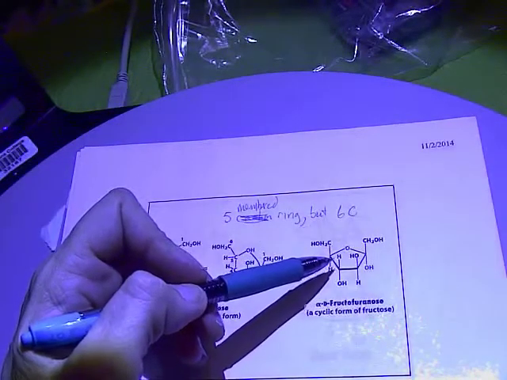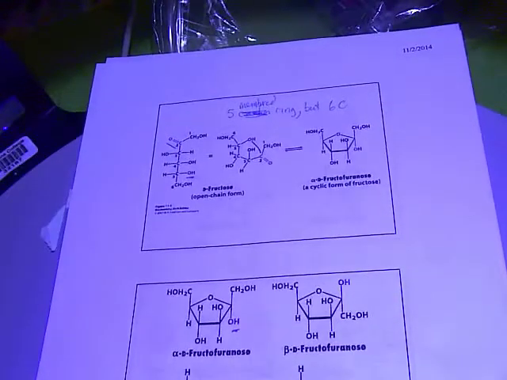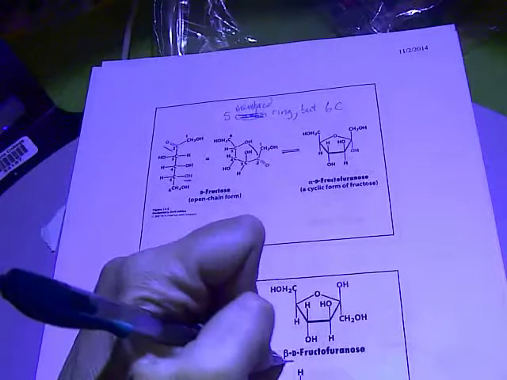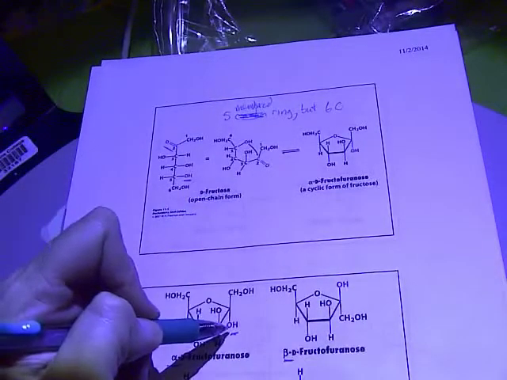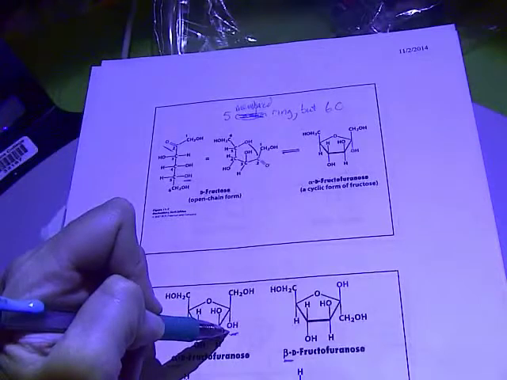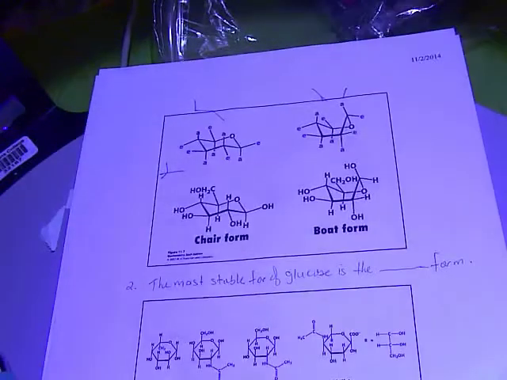So both molecules have 6 carbons, but the hemiacetal is 6 members of the ring, and the hemiketal has 5. All right, and just as with glucose, we have an alpha D and a beta D fructose, okay, depending on where the OH is. Again, below the plane is alpha, above the plane is beta.